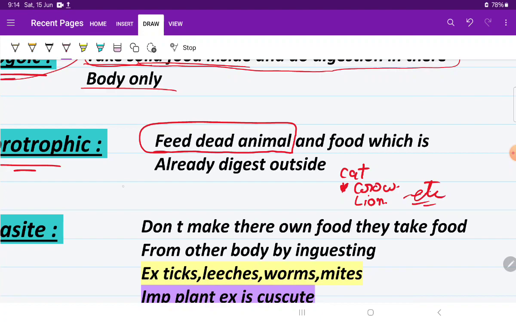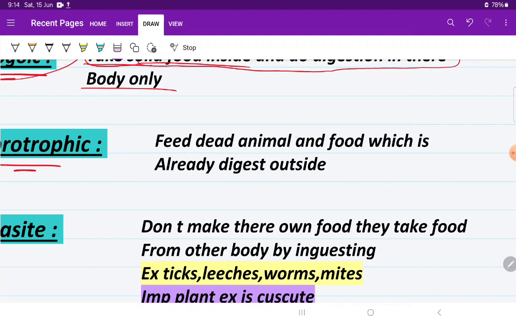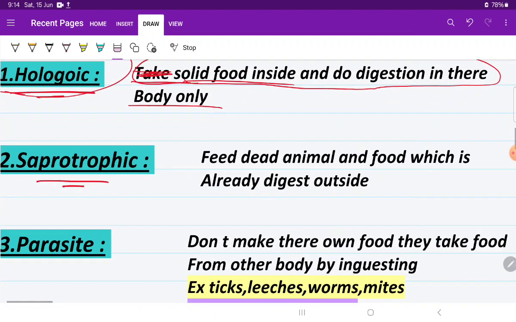The animal is dead over here for two to three days, and the lion comes and eats it. That means they depend on dead animals. I hope it is clear what saprophytic is.